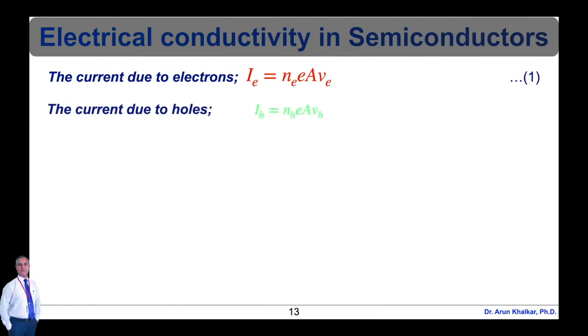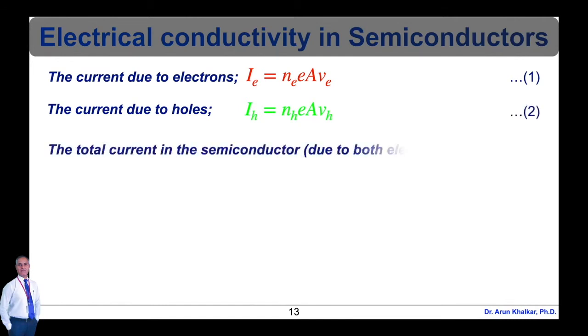Now the current due to the holes, shown in the green equation, I subscript h is equal to n subscript h into e into A into v subscript h. Let's say this is equation number 2. Hence, the total current in the semiconductor due to both electrons and holes can be written as I is equal to I_E plus I_H. Let's say this is equation number 3.